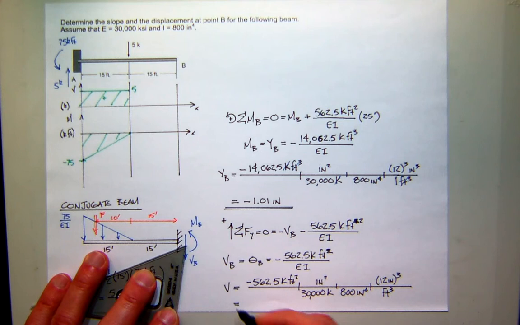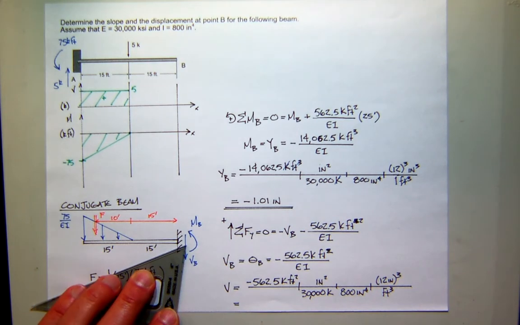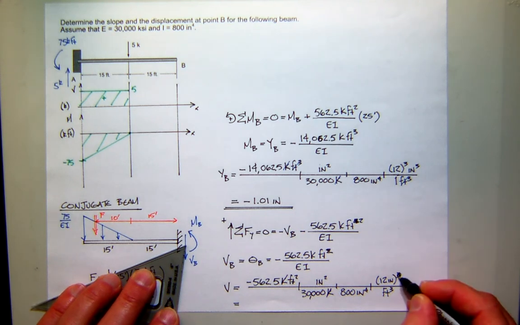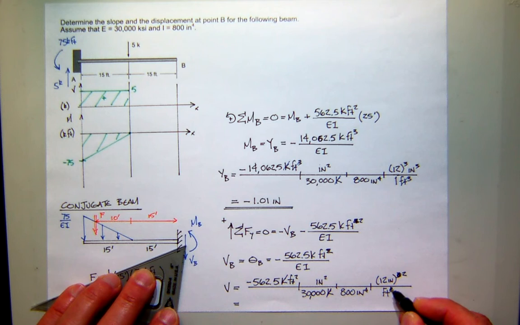And what do I get? Now let's look at what happens here. I've got kip cancels. I did something wrong here. Oh, I did this wrong. This is squared. Sorry. So this part in the numerator will be 12 squared, which is 144.